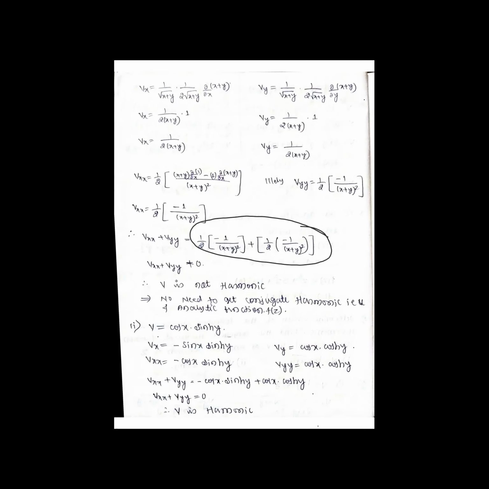So it is not equal to 0. Therefore, I can independently say that V is not harmonic. Once V is not harmonic, no need to get the conjugate harmonic, that is U. Therefore, the analytic function f of z: if it is not harmonic, don't get U. And if you don't have U, I cannot get the analytic function. That is very simple. That is with respect to the first one.